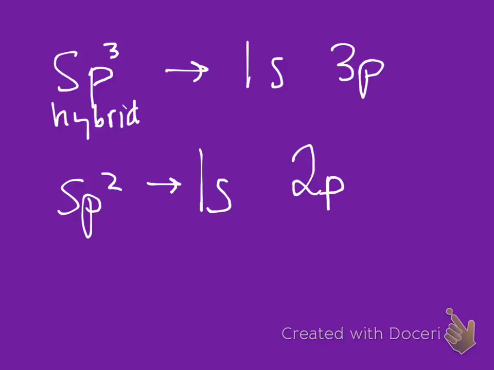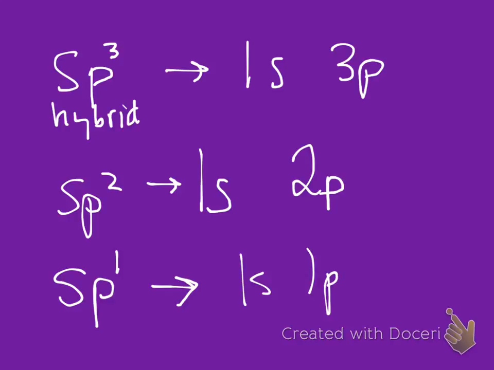Ooh. We have things called sp1 orbitals. You'll never guess. 1 s, 1 p.